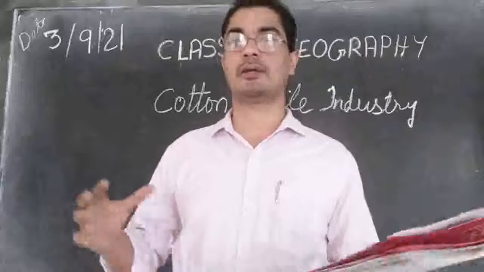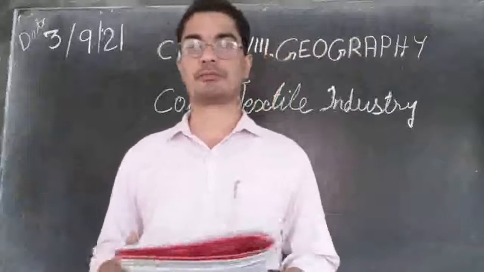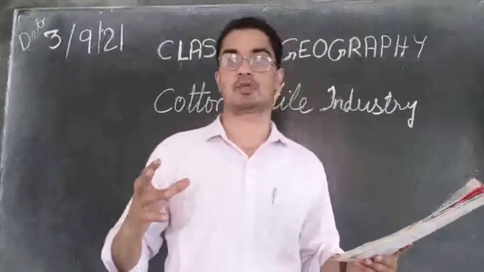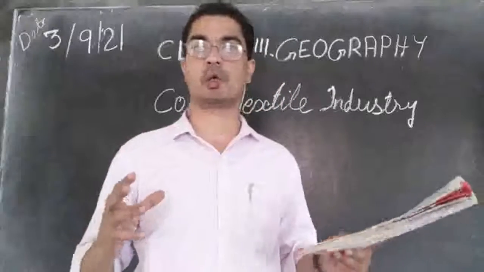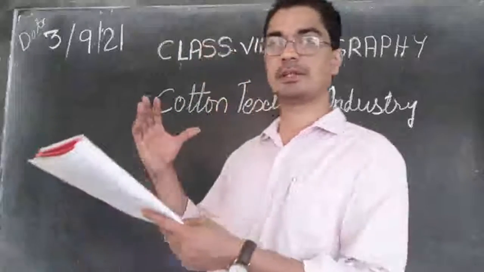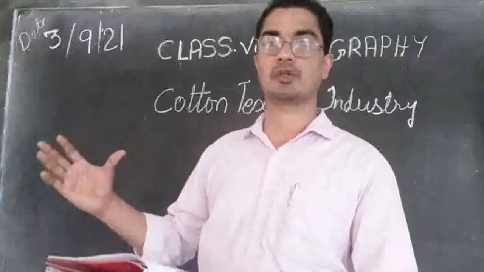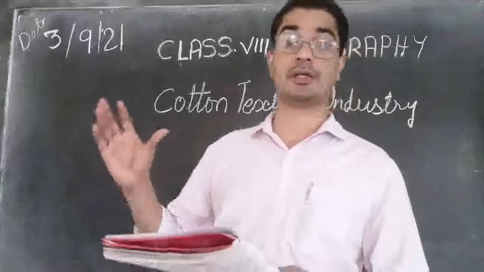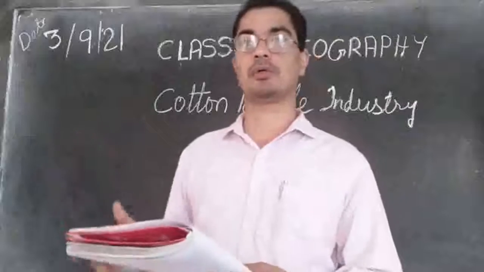So that way there were two types of clothes. In India we were making quality clothes but costly clothes because they are made by hand. But on the other side, in the Western countries, they are also making quality clothes but not by hand, by machine. And theirs is very cheap and good quality.